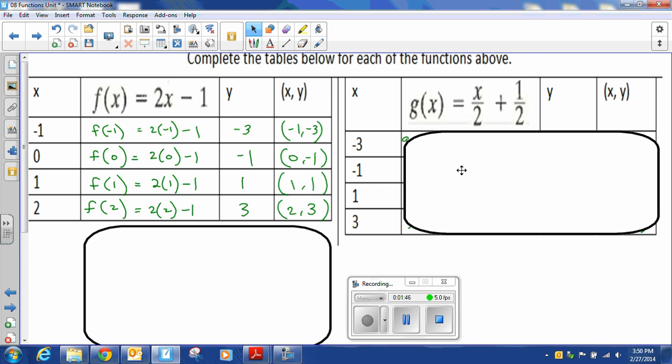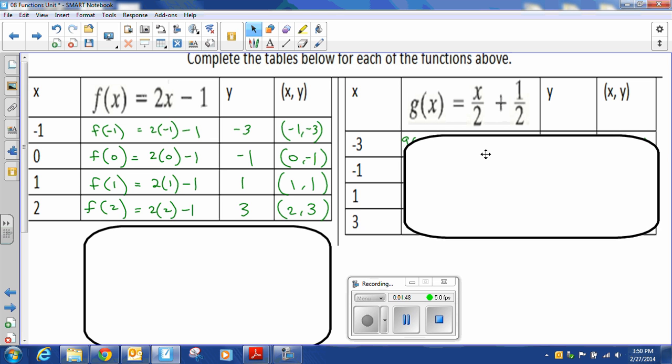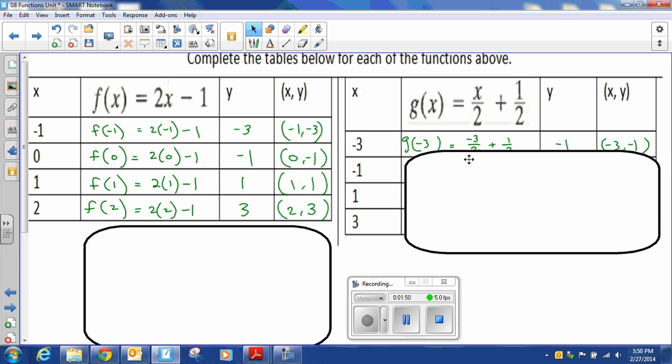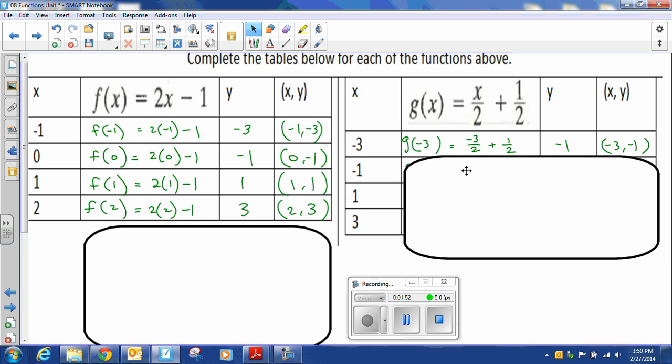Now over here on this side, when we plug in -3, we end up with -1, right? Because -3/2 plus 1/2 is -2/2, which reduces down to -1. So our ordered pair is -3, -1.